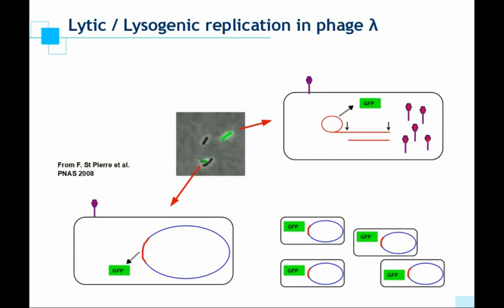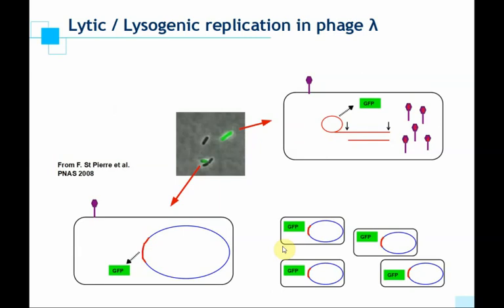This is a lytic cycle. If my arrow is ever going to come back. Yeah, okay, this is a lytic cycle, and this is a lysogenic cycle. Why is it a cycle? Because this integrated form can be reversed.